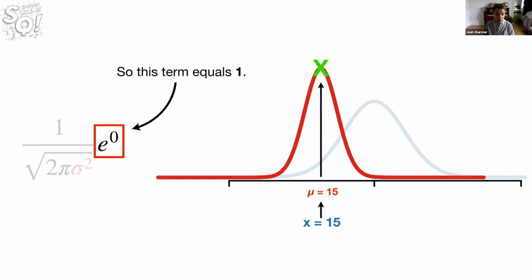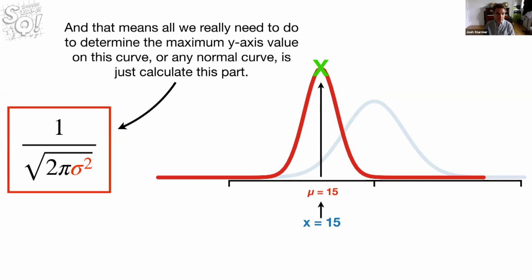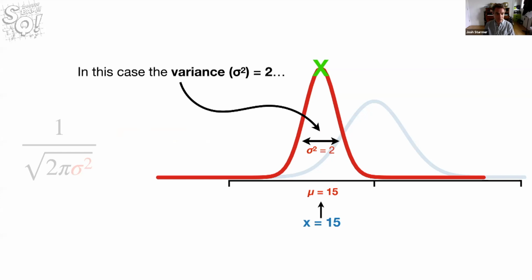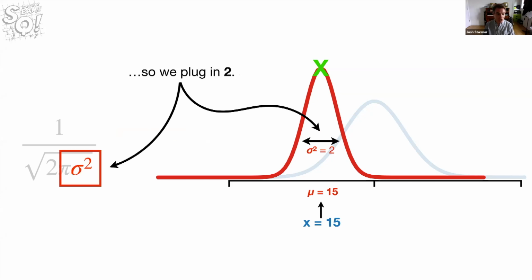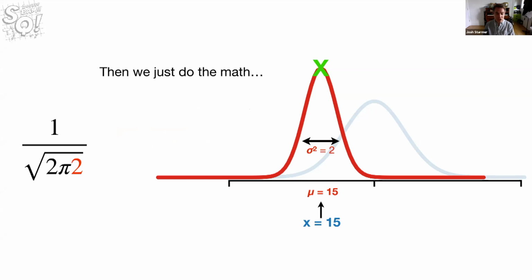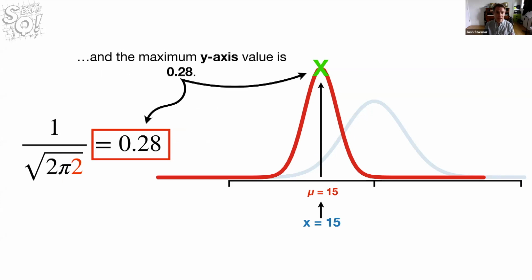So this term equals 1. And that means all we really need to do to determine the maximum y-axis value on this curve, or any normal curve, is just calculate this part. In this case, the variance equals 2. So we plug in 2, then we just do the math, and the maximum y-axis value is 0.28.